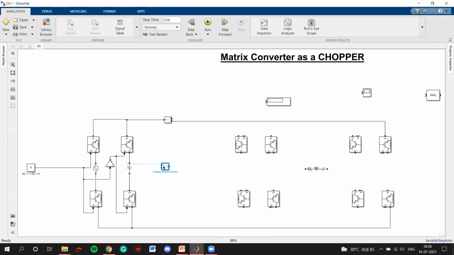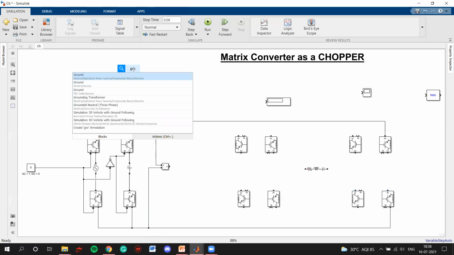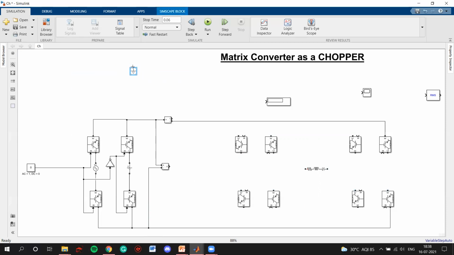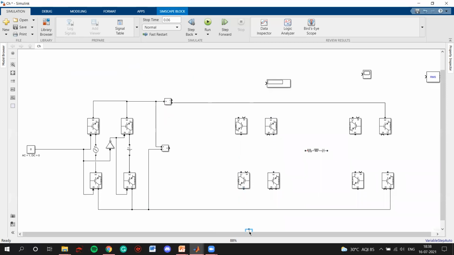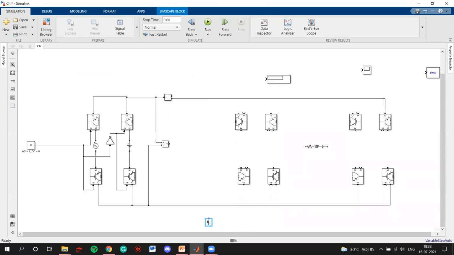Let's take this voltage measurement and put it across this whole thing. Let's take one ground and connect it here. It doesn't matter. This whole bottom connection is the ground one. Connect the IGBTs.